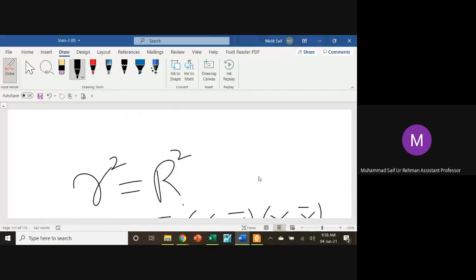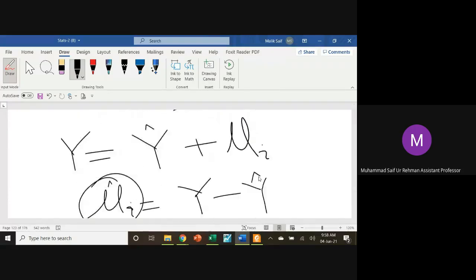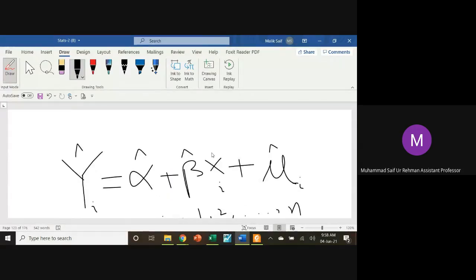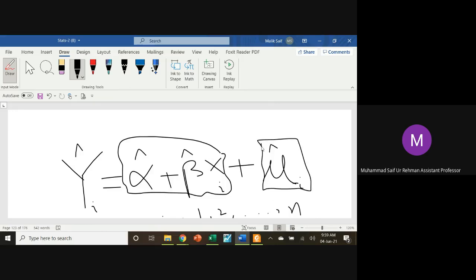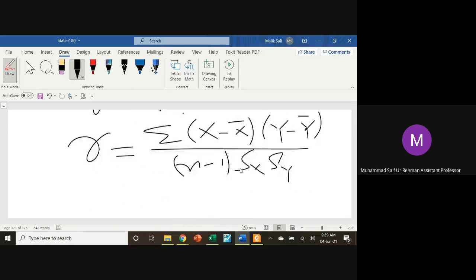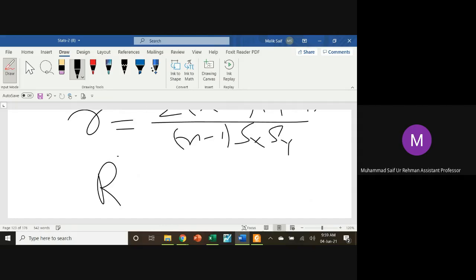What we mean by this coefficient of determination is this: suppose the value for R square is 0.65.